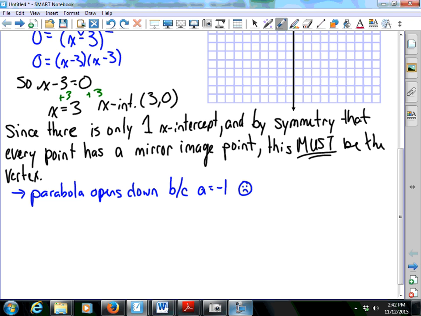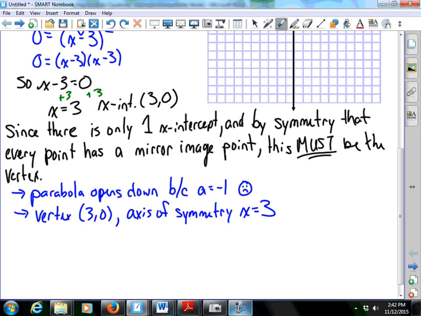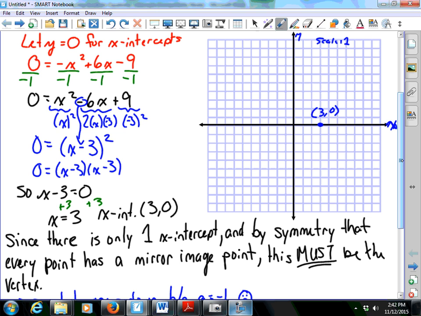Not only that, but if my vertex is at 3, 0, my axis of symmetry equation is the x-coordinate of the vertex, x equals 3. So I can draw a dotted line, the mirror, like this.